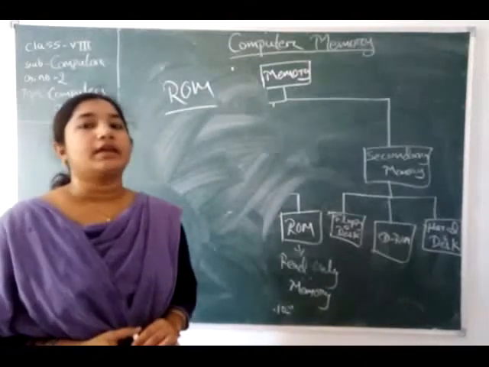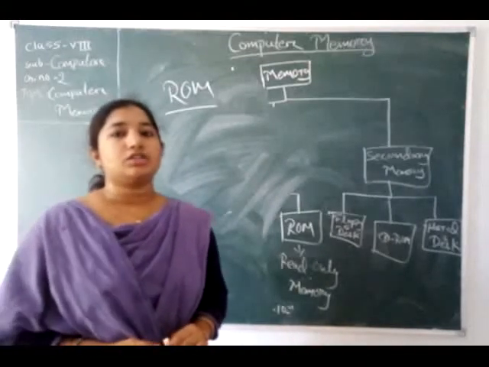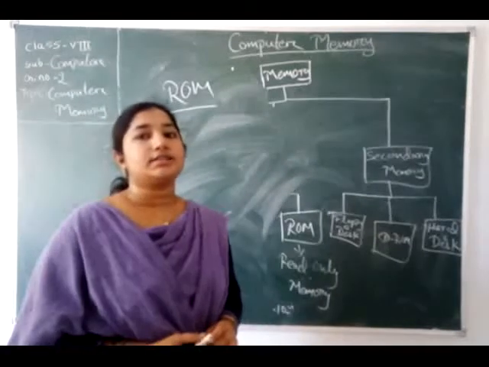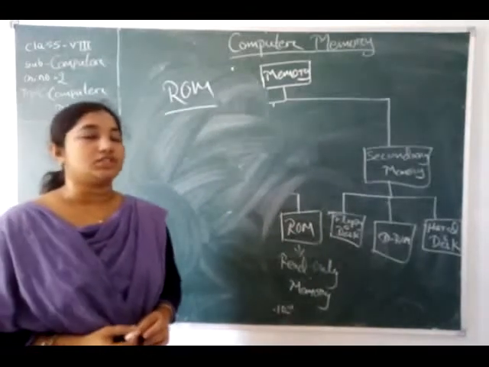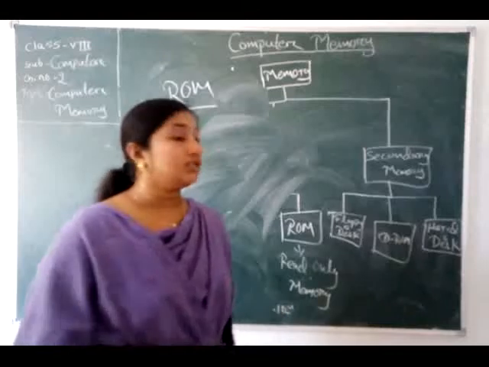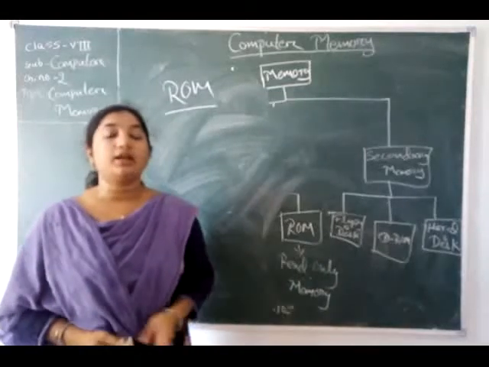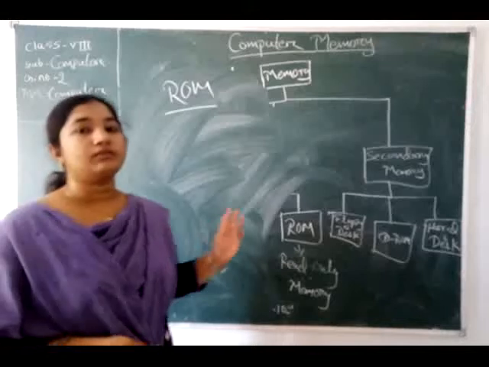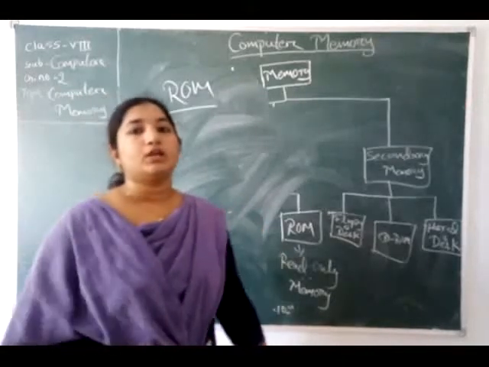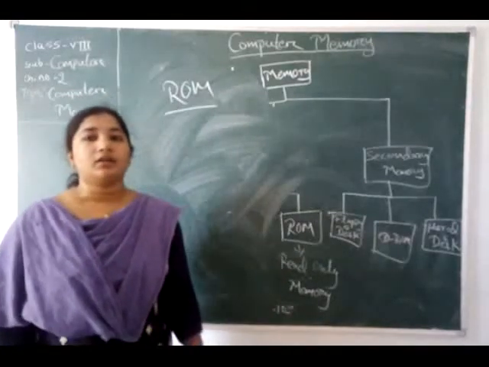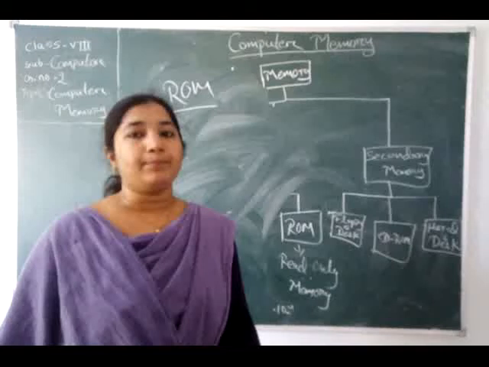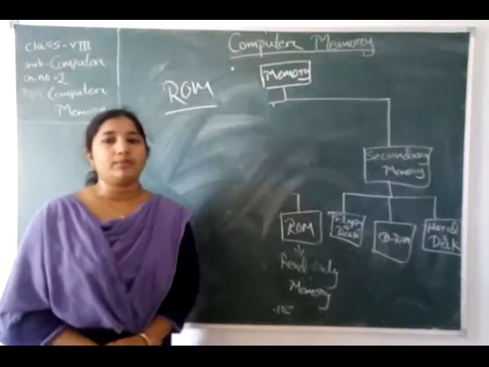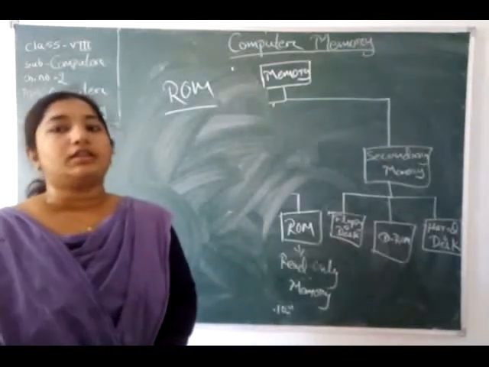These data cannot be changed, and a special operation is needed to change it. Means it cannot be changed. So ROM chips are different from RAM, and a ROM chip cannot be reprogrammed or rewritten.